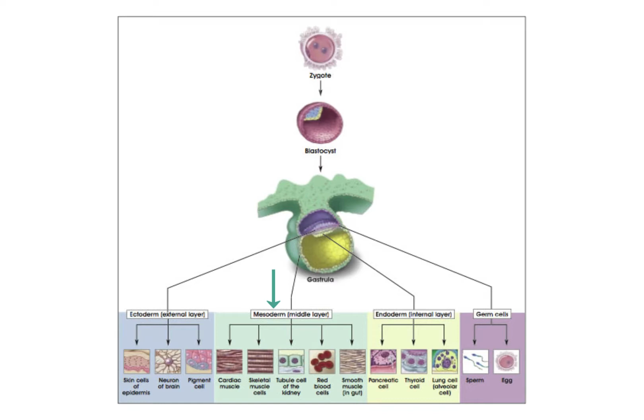Mesoderm cells produce different types of muscles, including cardiac muscle and skeletal muscles, as well as the blood cells, and tubule cells of the kidney, as well as some pancreatic cells. And the endoderm primarily forms other types of pancreatic cells, thyroid cells, and lung tissues. And then you have the germ cells at the end, forming either sperm or egg cells.